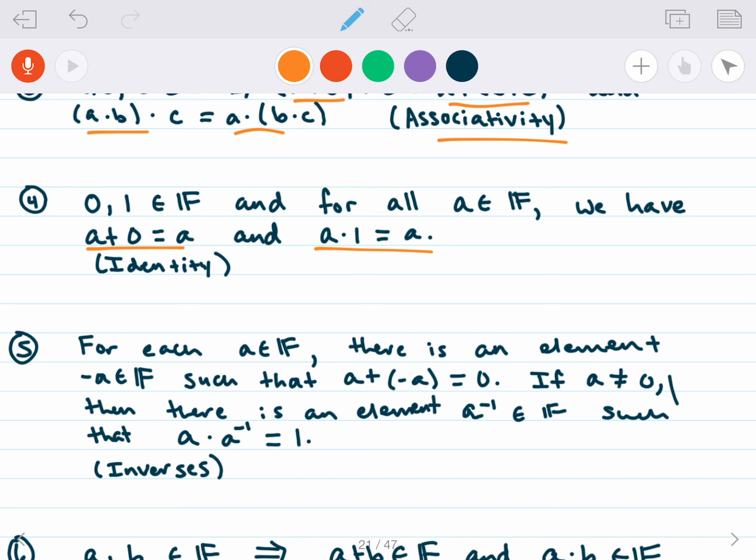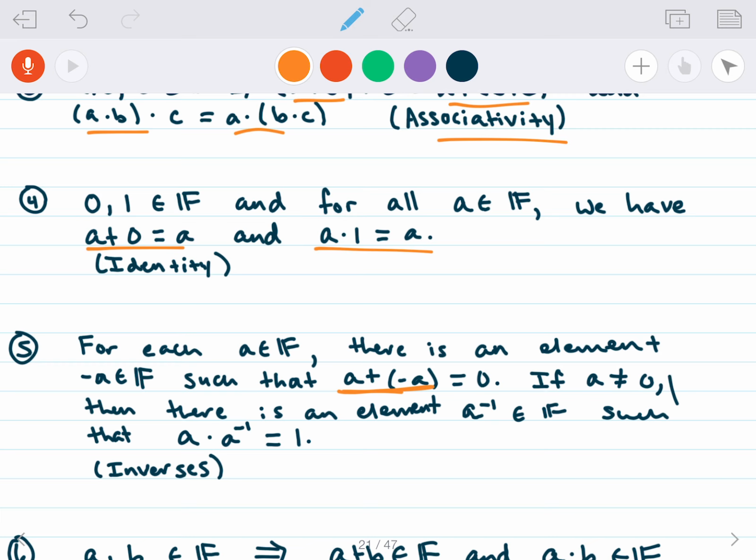The next thing is inverses. Fields are kind of special because they have multiplicative inverses and additive inverses. So if you ever have a number in your field, you're always going to have the negative of that number. That's called its additive inverse.